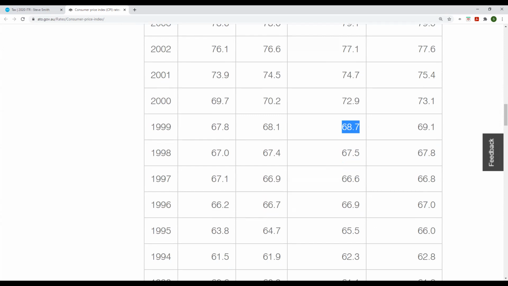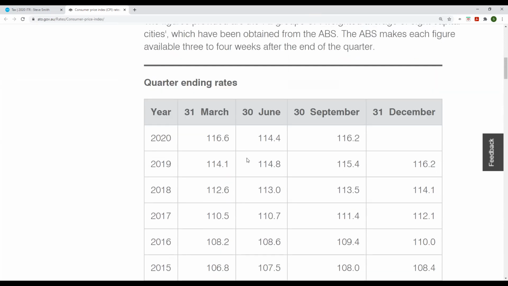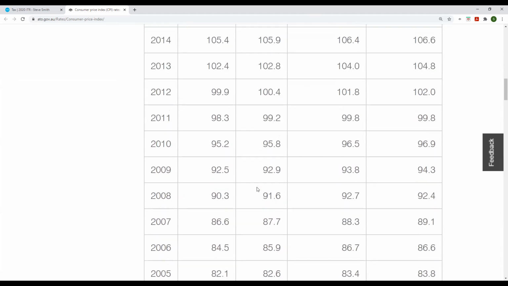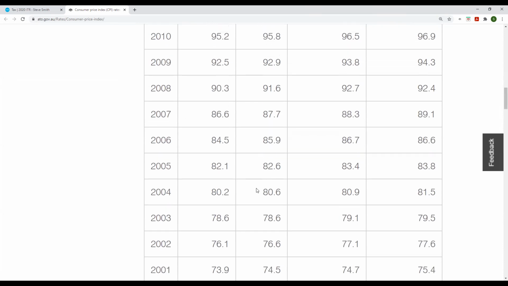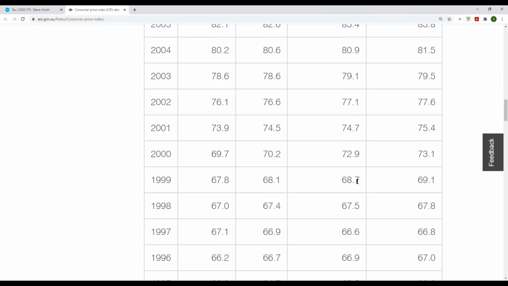So 66.6 comes from 5th of July 1997. For 5th of February 2019, even though it is 114.1, we cannot use 114.1 because the method says if it is anything after 21st of September 1999, it will be frozen at this date.